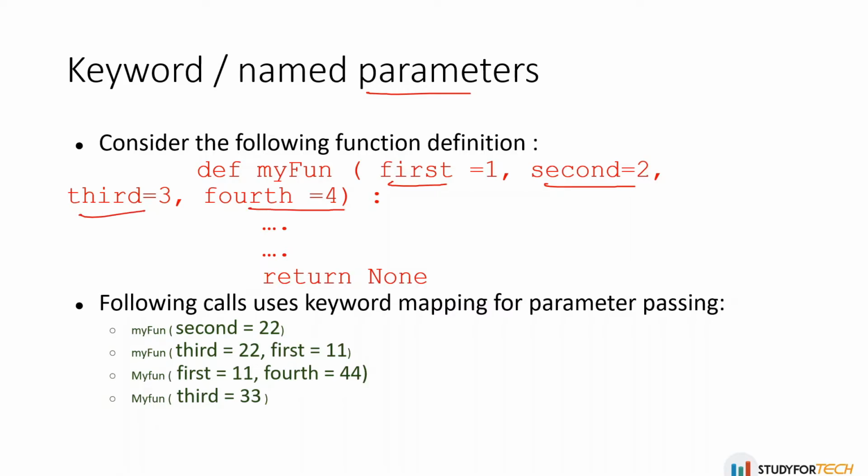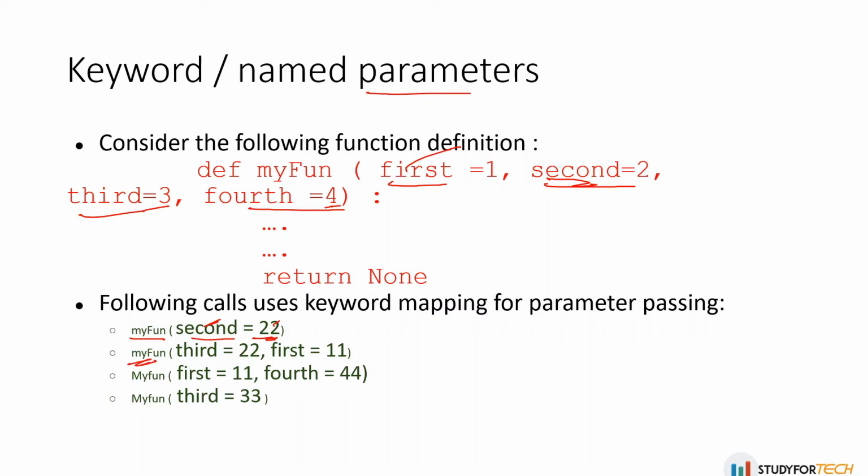Now see how I am calling the function with parameters. Here my fun second equal to 22. I am explicitly saying that the second will have 22. So second will hold the value 22 and the others will have default values. That means first will have 1, second will have 22, third will have 3 and fourth will have 4.